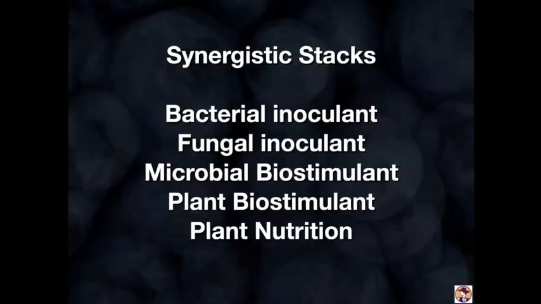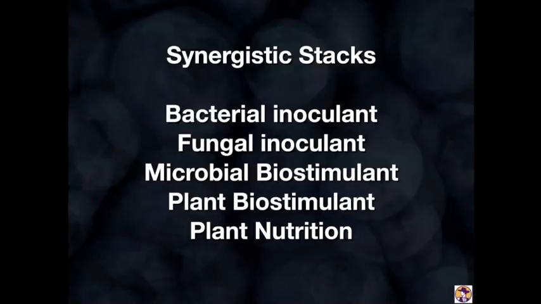So if we stack and combine a bacterial inoculant with a fungal inoculant, and then we add a microbial biostimulant, which would stimulate both bacteria and fungi. This could be an enzyme product. It could be humic or fulvic substances. There's many things that could serve as a microbial biostimulant. And you combine with a plant biostimulant, such as seaweed or a phytohormone, and you combine that with plant nutrition, such as calcium or cobalt or whatever is needed by the plant at that stage of development.